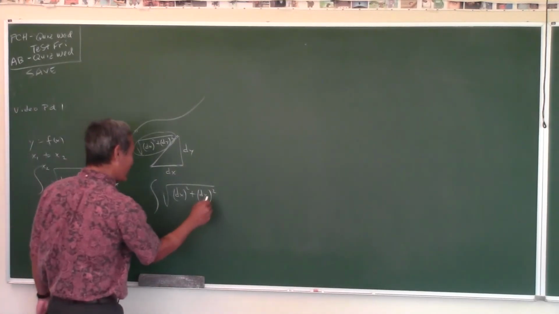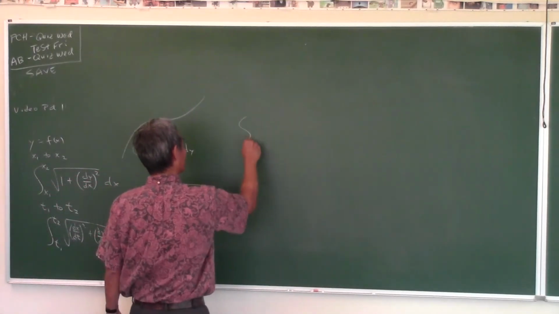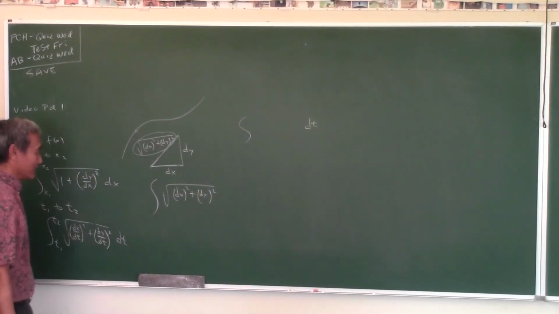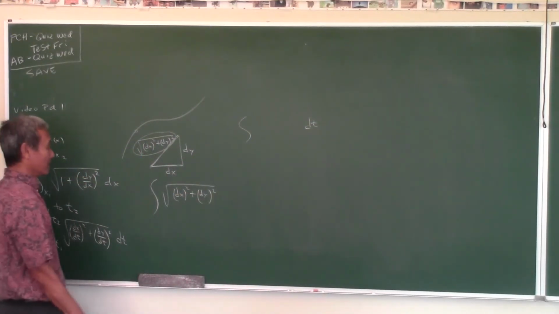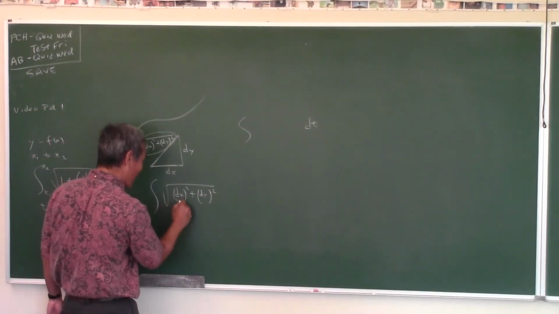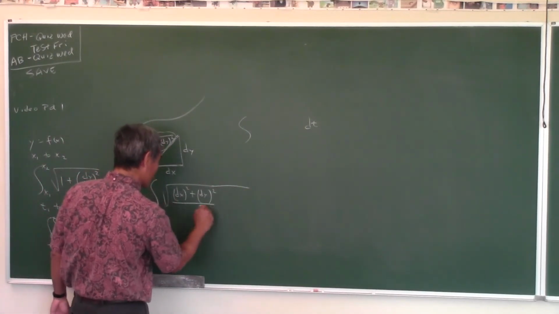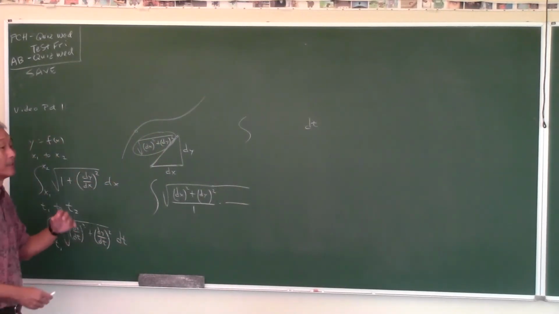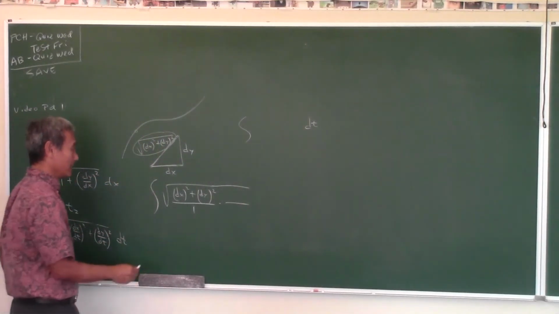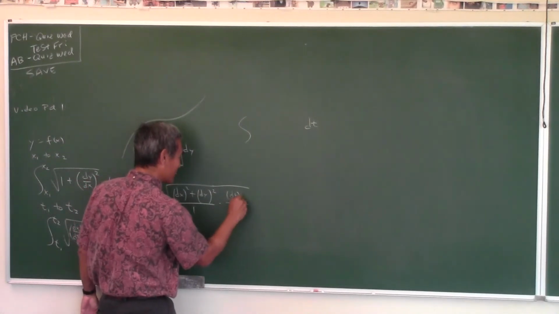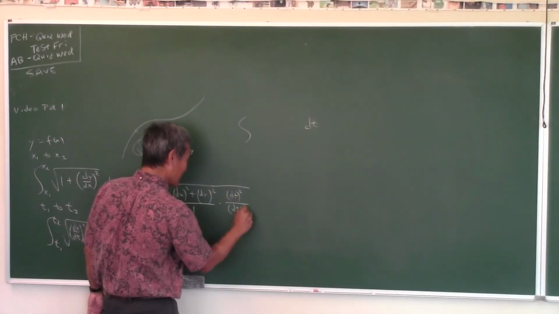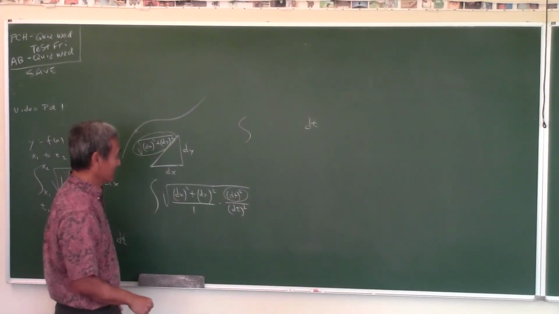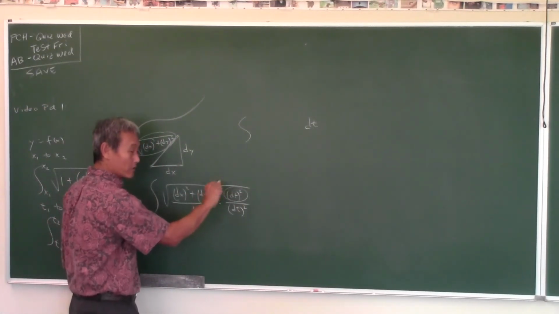So how can I go from this to something that has a dt out there? How can I get a dt outside? Inside the radical, this is like over 1, so we're going to multiply top and bottom by dt quantity squared. Because this will come out of the radical as, what's the square root of dt squared?